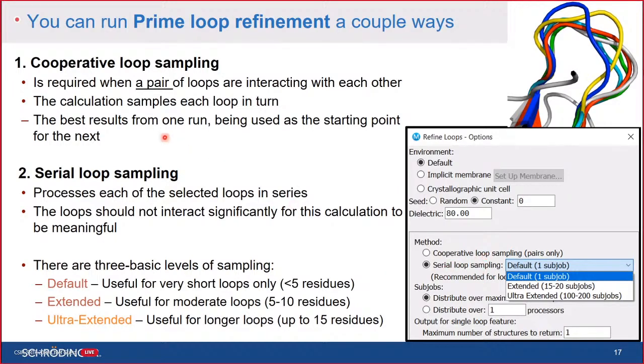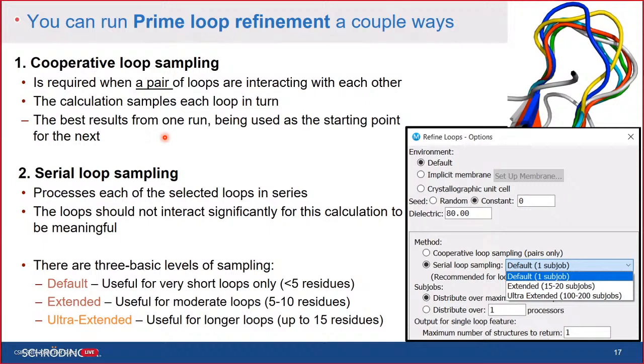What does cooperative loop sampling mean? Cooperative means all together. For example, in your homology model you want to refine, let's say, 5 different loops, which might lie near each other and might affect each other.